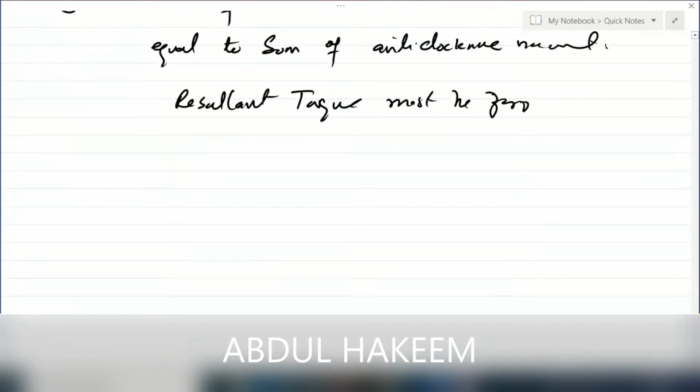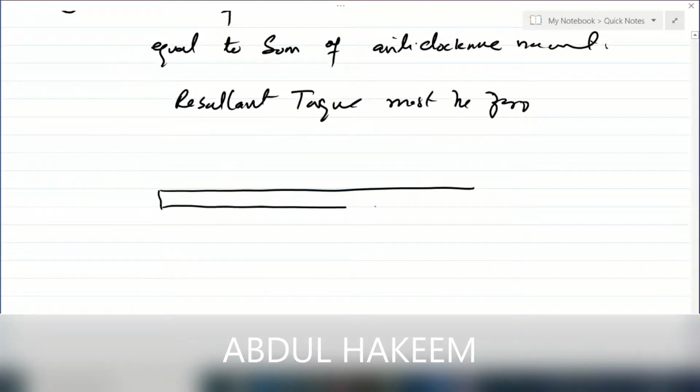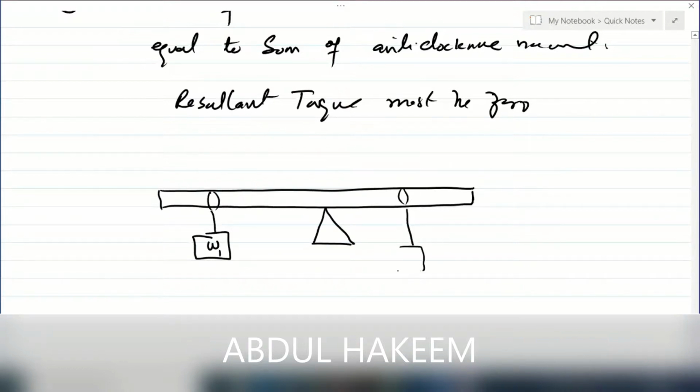Like if this object is balanced exactly at the pivot, one force is hanging here, this is W1, and the other force is hanging here, this is W2.